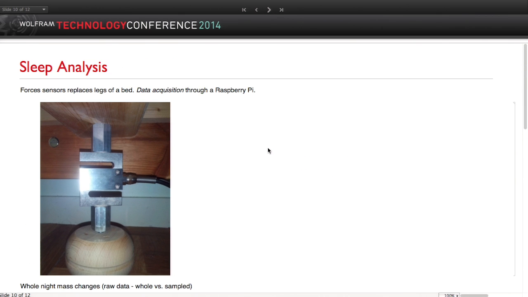Okay, so the last example, we change the legs of a bed. We replace the legs by 4 sensors, and those 4 sensors are connected to a Raspberry Pi. The Raspberry Pi is collecting the data of the 4 legs of the bed, and we have some records for 1 night of sleeping, of course.